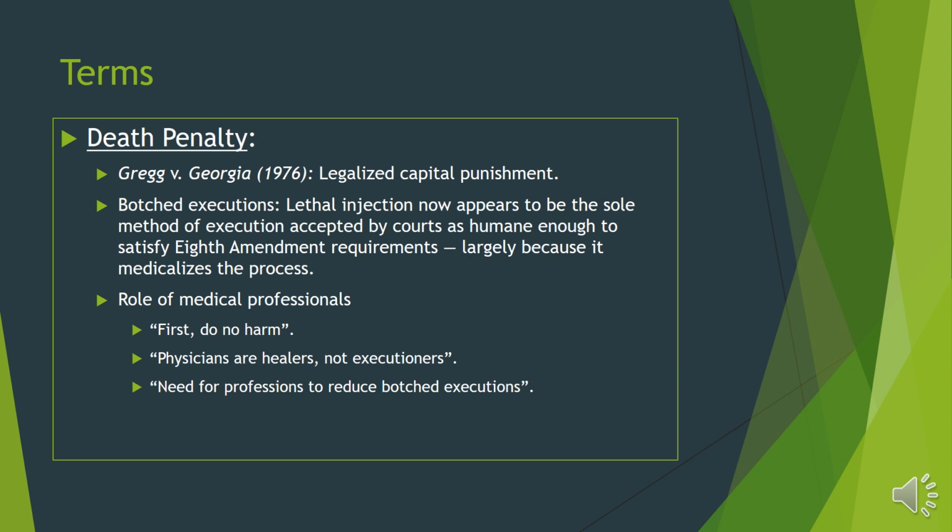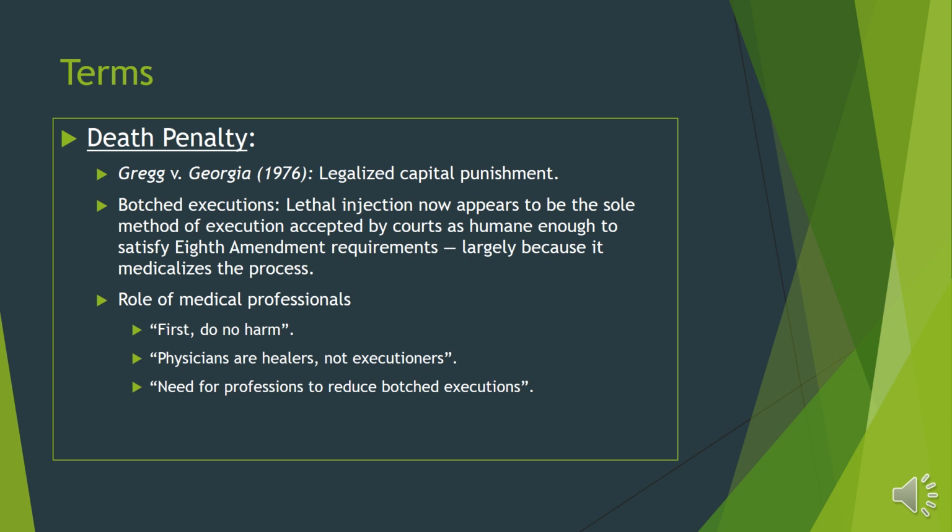Other methods have been tried, obviously, in modern history. Hanging was used often, but they found that it would often take minutes for the person to suffocate. The gas chamber was used, and that had some of the worst botched executions, as the victims' families would look on and the person would be gasping for breath.